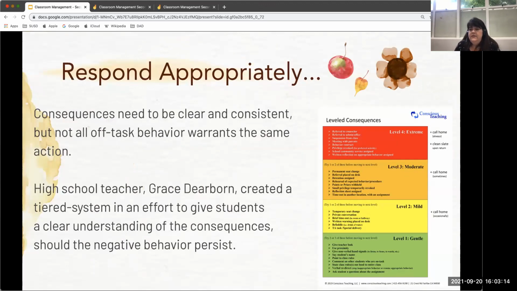So this one was interesting. This was made by a high school English teacher. But the idea is that you should respond appropriately. And many of you mentioned that it's not a one size fits all penalty, right? So consequences need to be clear and consistent, but not all off-task behavior warrants the same action, right?